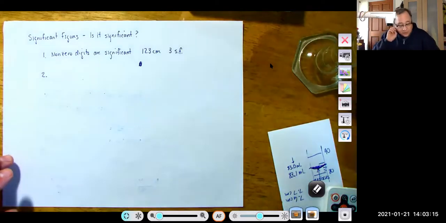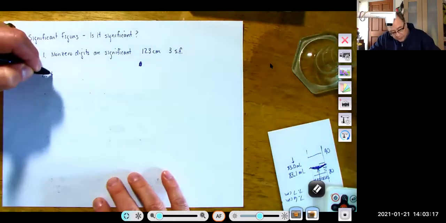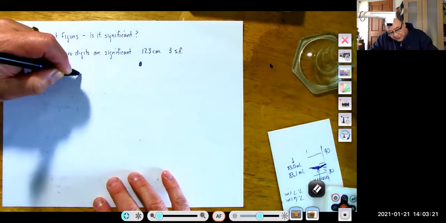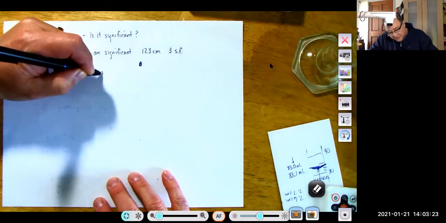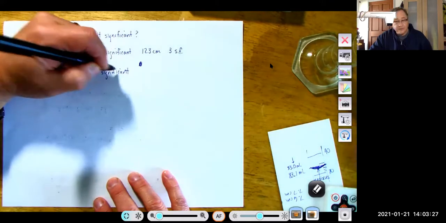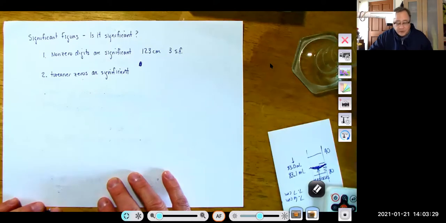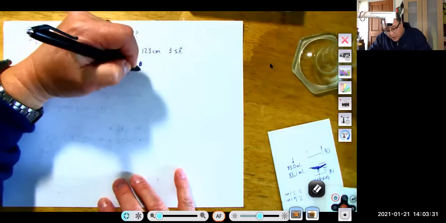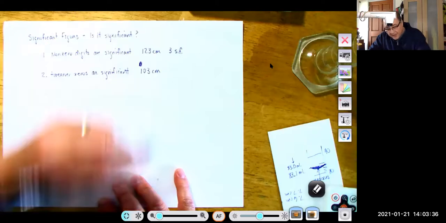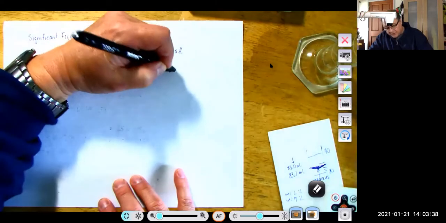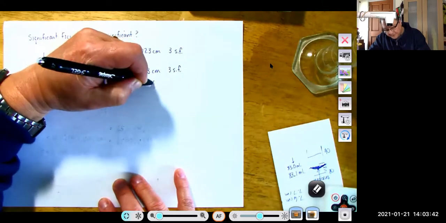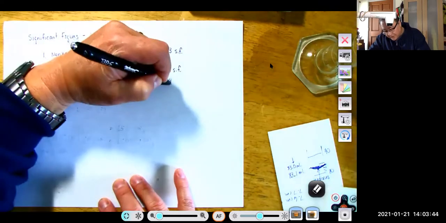Okay, second rule. Tweener zeros are significant. So when I say tweener zeros, if we had 103 centimeters, that would be three significant figures. If you had 1,003 centimeters, that would be four significant figures.